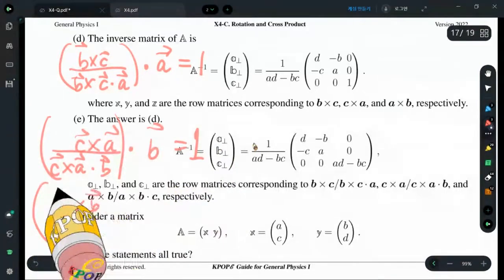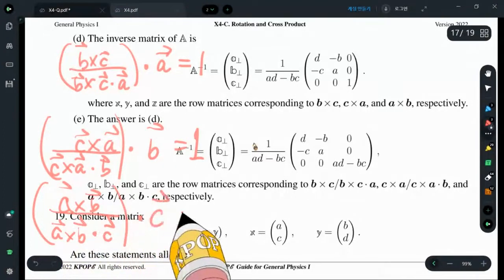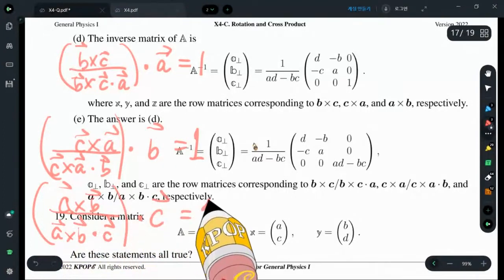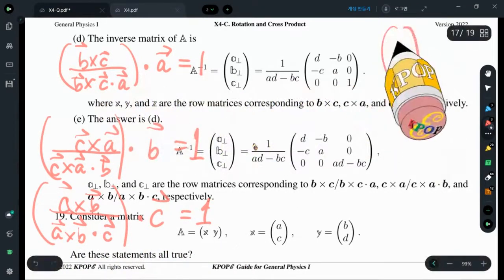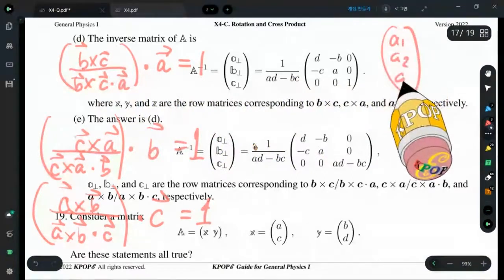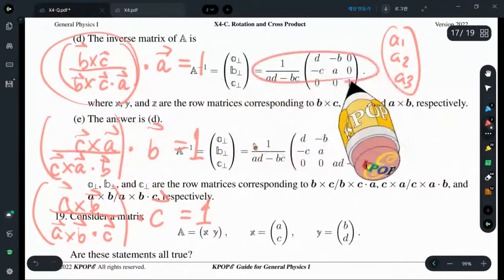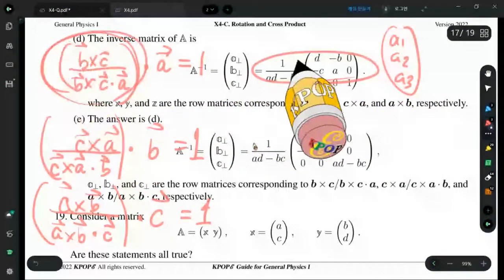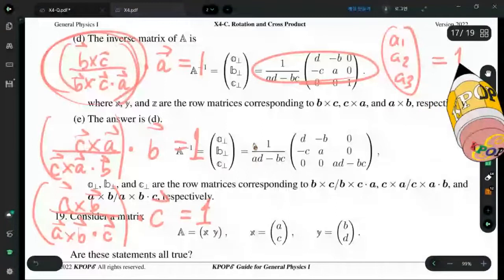A cross B dot C equals 1. That means A1, A2, A3 multiplied by this row is 1.